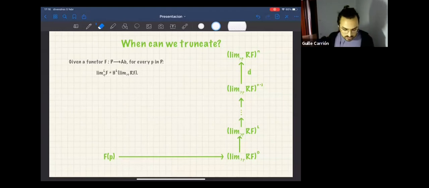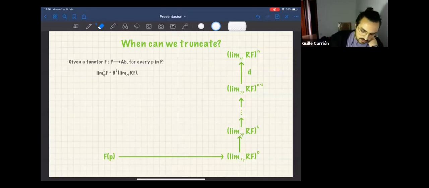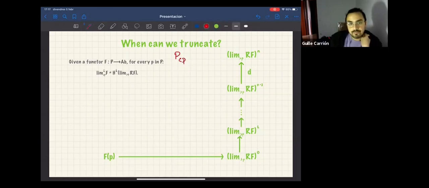The first one is: if P is a Reedy poset, then for every p, this category is also a Reedy category.